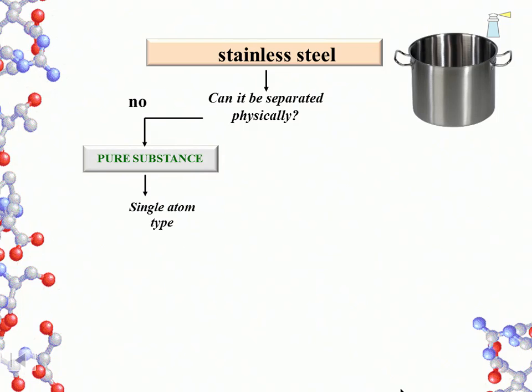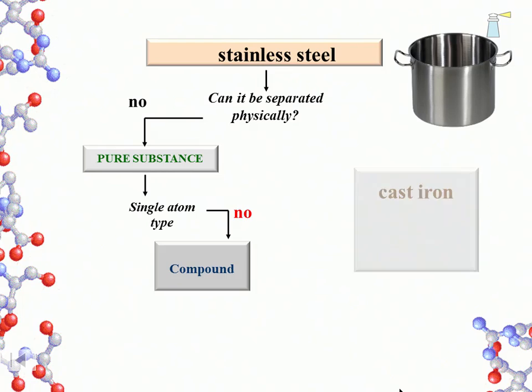Is it a single atom type? There is no stainless steel or just steel on the periodic table, so again, the answer is no. It is a compound. Other metals that are compounds include cast iron and certain coins. These are both what are known as metal alloys and have fixed composition. The term fixed composition is important here.